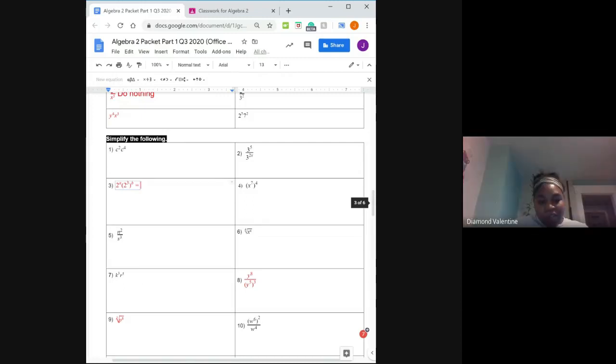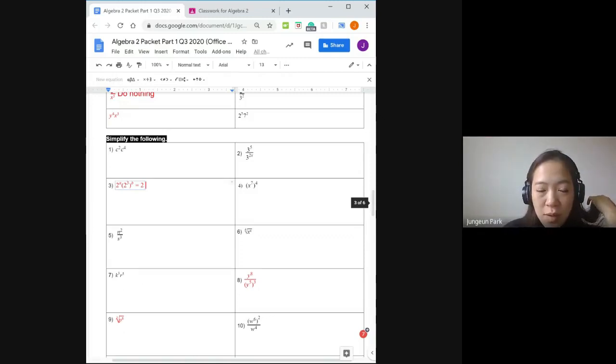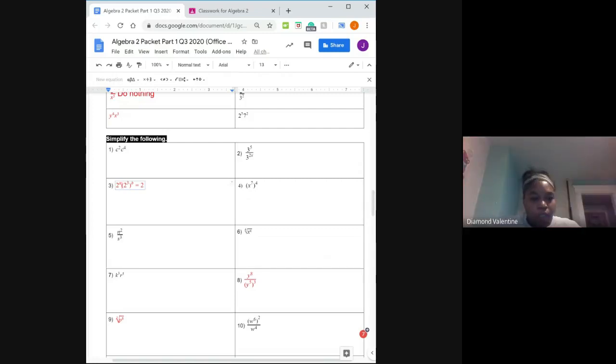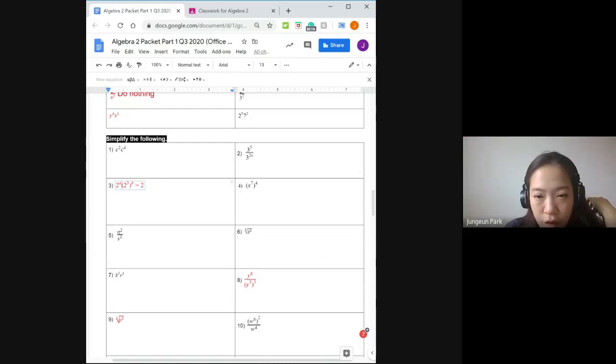And I know you have to do something with the exponents. I just don't know what. Okay, so let's break down. I see 2 to the a power and then times. That means nothing in between here, right? It means multiplication, right? Yes. And 2 to the third to the b power.